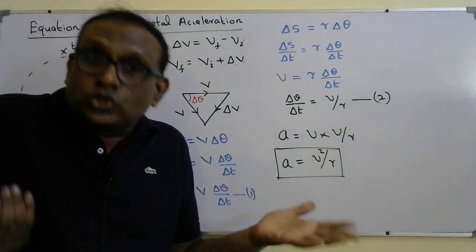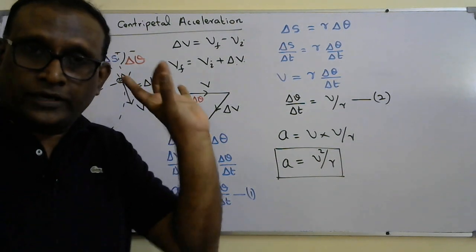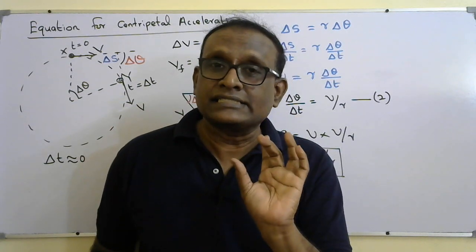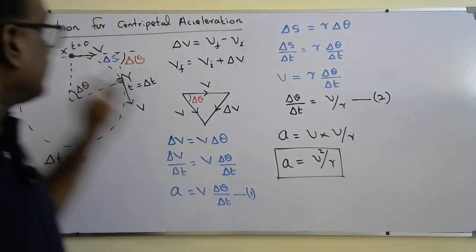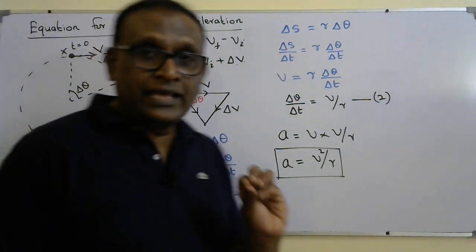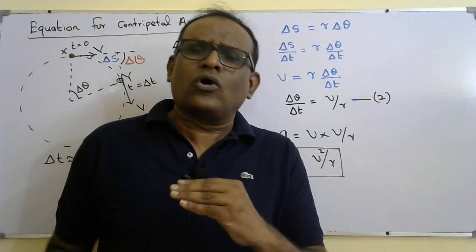I say the speed could change, but x and y are much closer points. Why do I take much closer points? Because I want to find the acceleration at an instant at point x. That's the reason I took both speeds as v, because at the same point the speed is the same even when there's a small change in time.